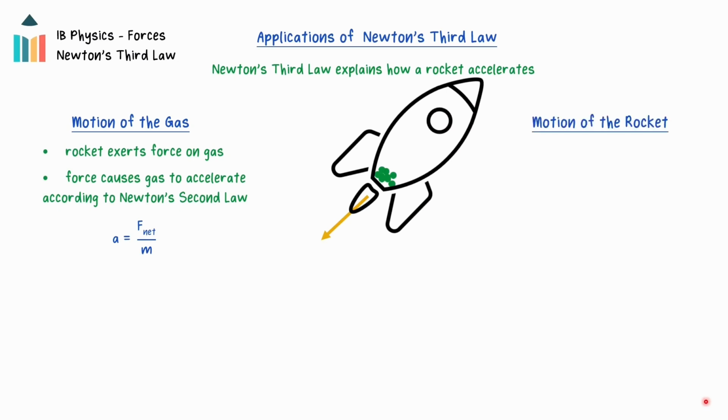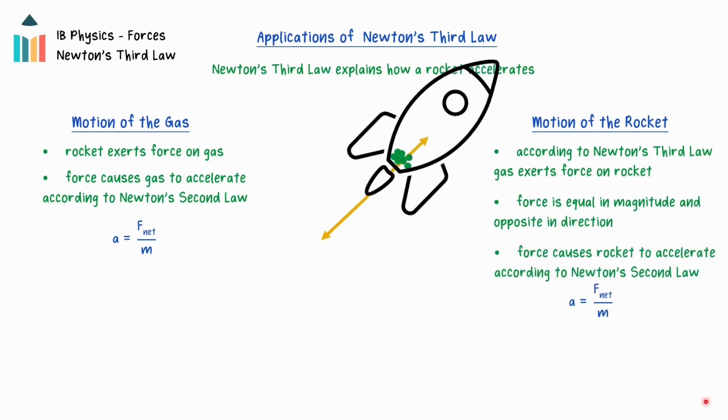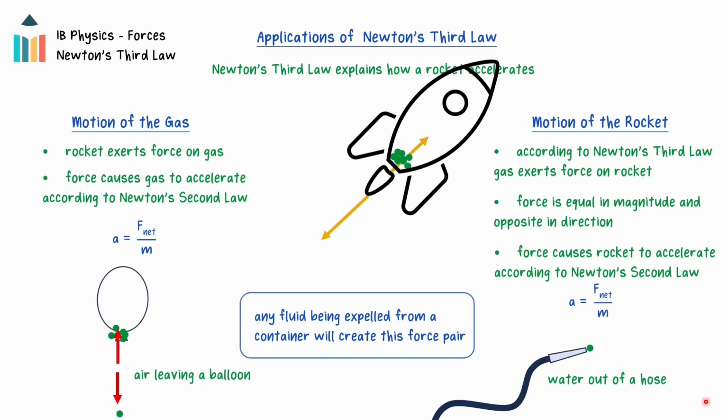If we switch our focus to the rocket, according to Newton's third law, the exiting gas then applies an equal magnitude force in the opposite direction on the rocket, propelling the rocket in that direction. The rocket will also experience an acceleration inversely proportional to its mass, according to Newton's second law. This is the same for any fluid being expelled from a container, such as air escaping from a balloon or water coming out of a hose.